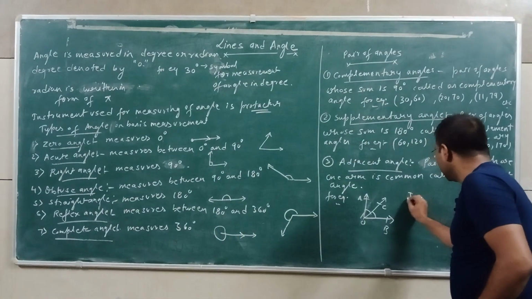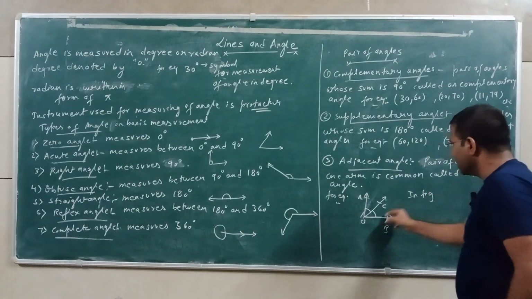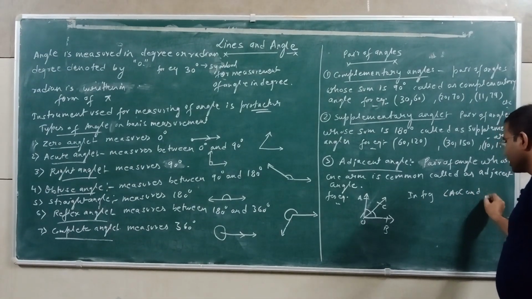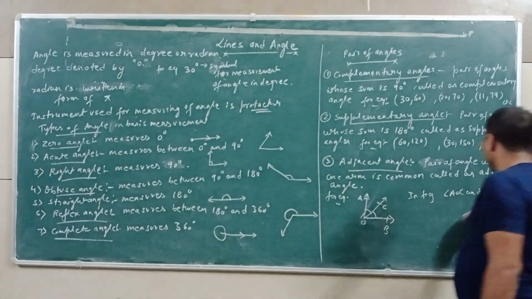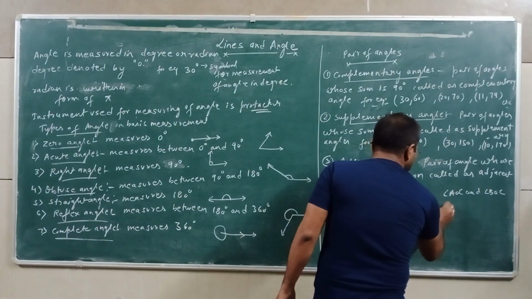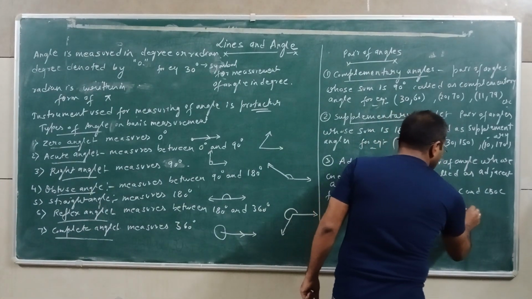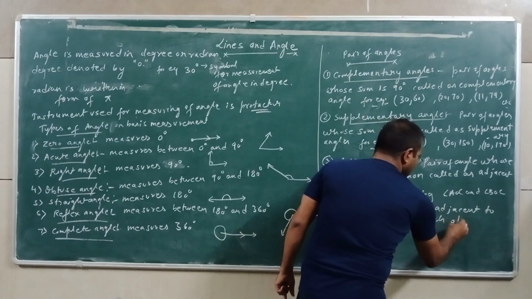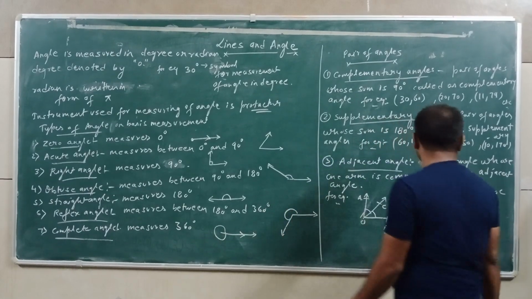So here you will write in figure: angle AOC and angle BOC are adjacent to each other. How you will say?